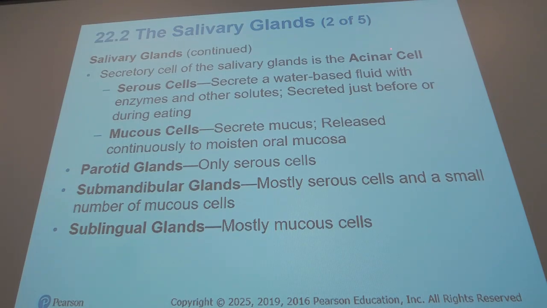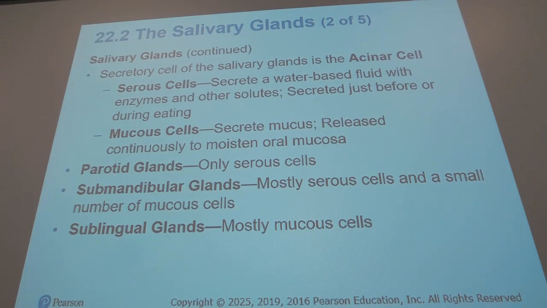The saliva is produced by the salivary glands with these acinar cells in the inside of these salivary glands, and these acinar cells can be serous or mucus. The serous secretes a water-based fluid, more liquidy than the mucus.